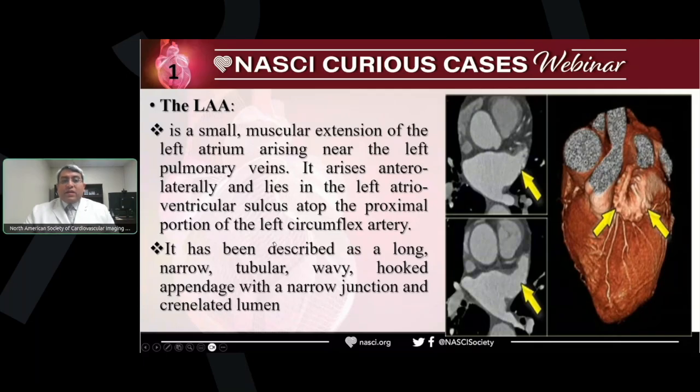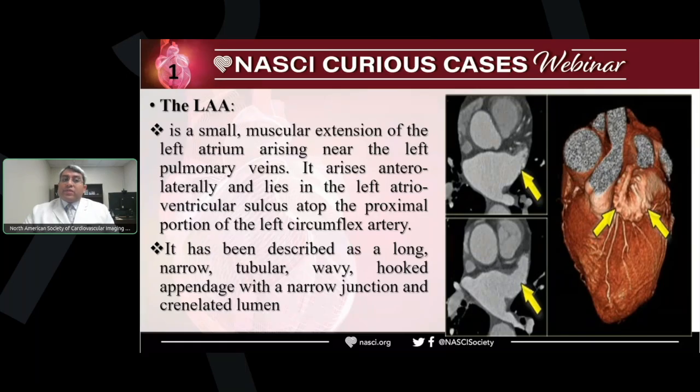It has been described as a long, narrow, tubular, wavy, hooked appendage with narrow junction and granulated lumen, and its shape, its direction, its size, as I mentioned, is important for insertion of a left atrial appendage closure device to avoid formation of thrombi and embolization in the future in patients with atrial fibrillation or dilated left atrium and so on.